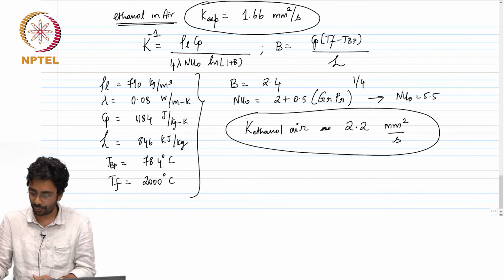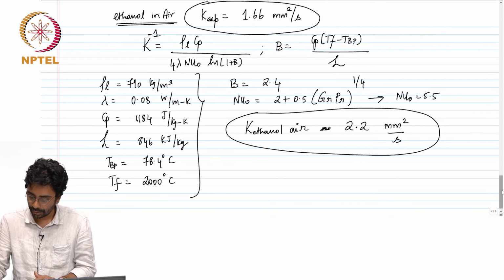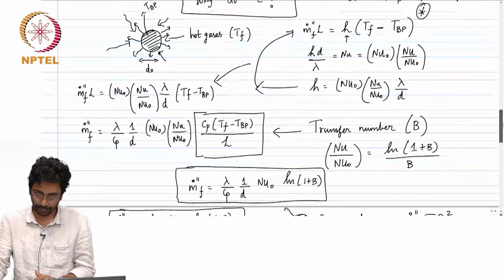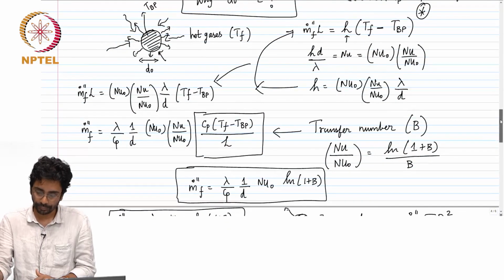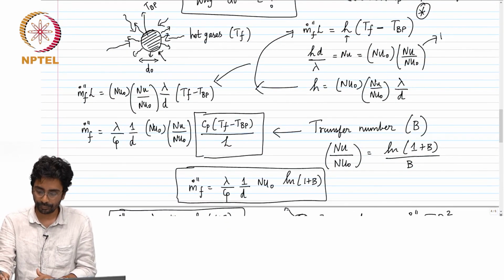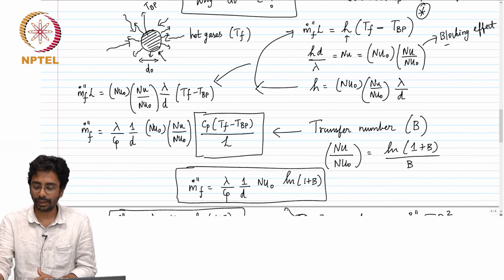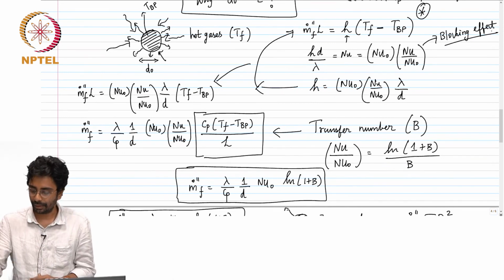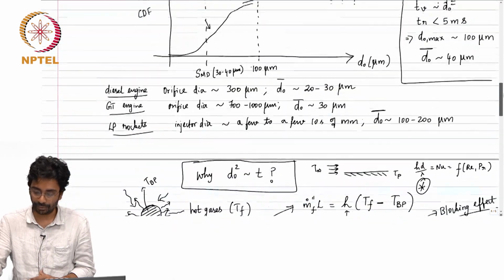This Nu by Nu 0 is called blocking effect. Okay, go back and check. If you have questions, let us know through the discussion forum. I can give you a little bit more information about the blocking effect.